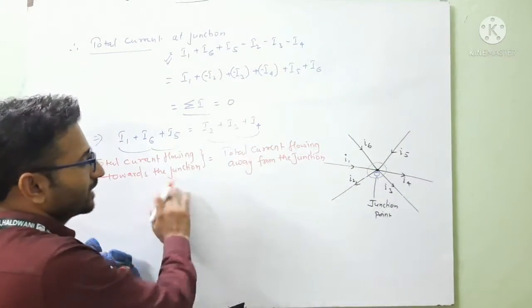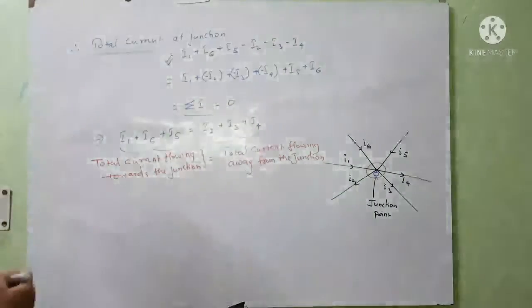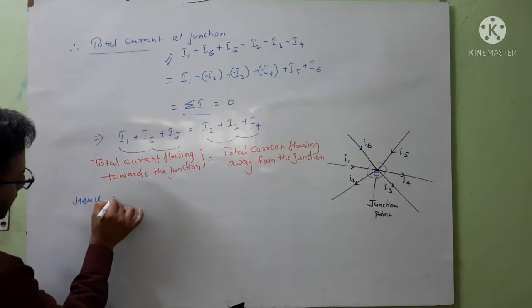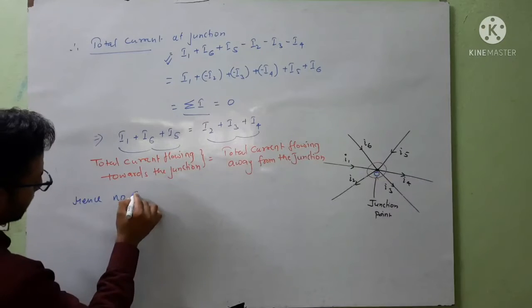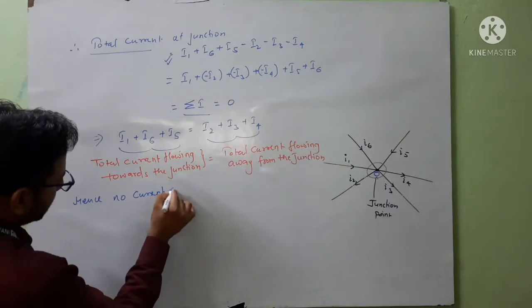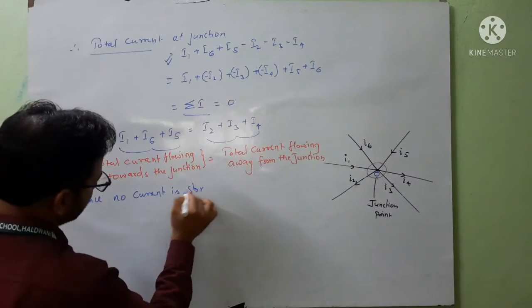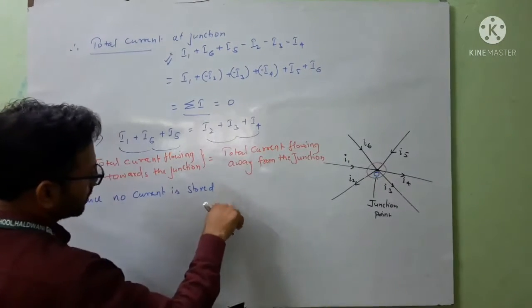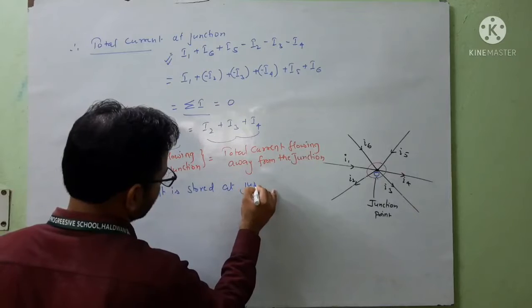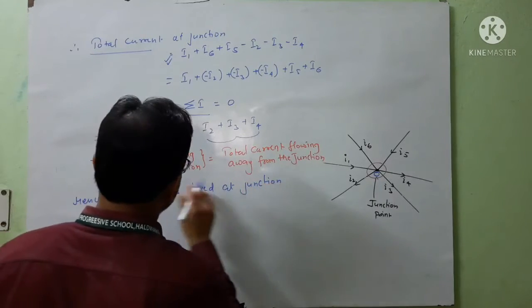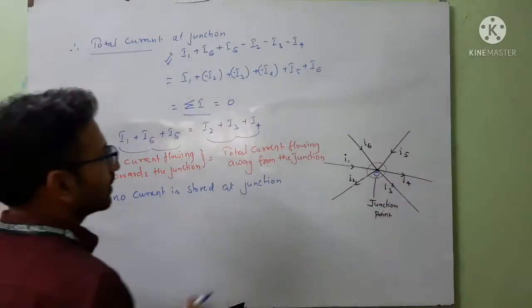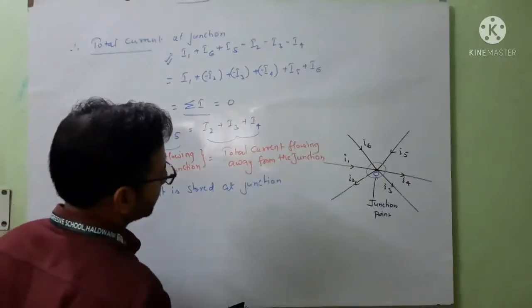From the above discussion, we can say that hence no current is stored at the junction, because the total current flowing toward the junction is equal to the total current away from the junction. Got it?